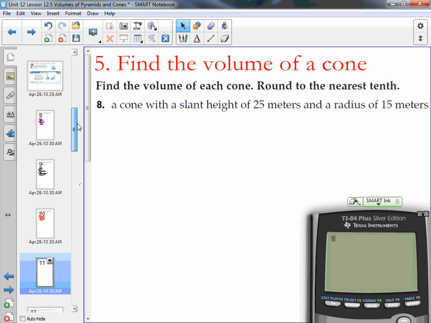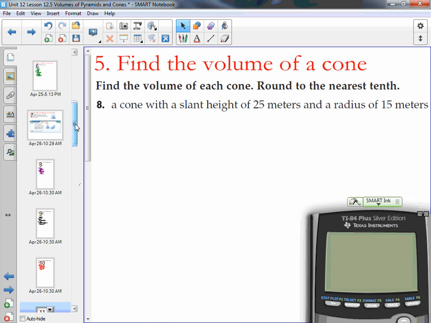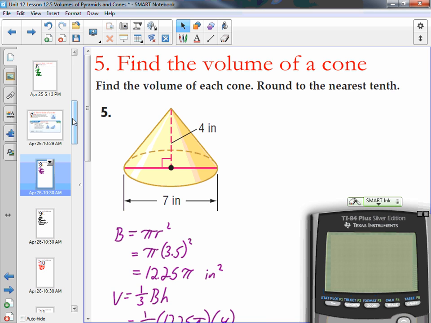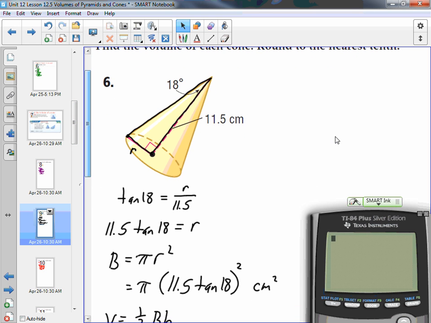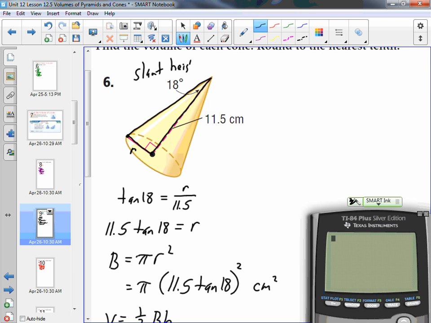Well, let's go back up here to this one. When I drew in this segment from the end point of a radius to the vertex, that segment is called the slant height. Okay? So that's what a slant height is.